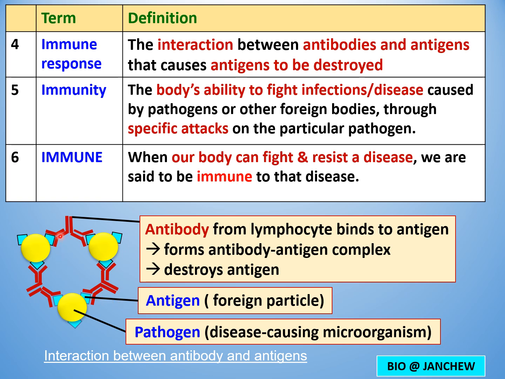The immune system has produced the antibody that is specific for that particular antigen on the surface of the pathogen. Then the antibody from the lymphocyte will bind to these antigens, forming this structure called the antibody-antigen complex.